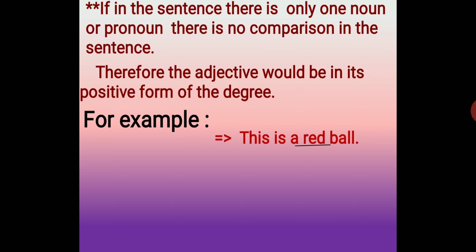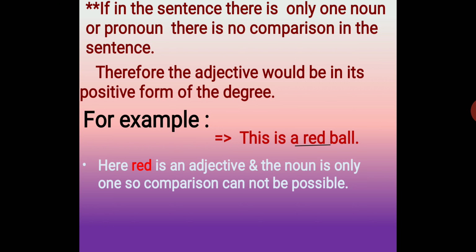And red is an adjective, right? Here, red is an adjective and the noun is only one, because it is a red ball. As I said in the previous lesson also, a represents only one noun, right? A ball, a red ball means one, and ball is written in its singular form. So you will get an idea that the ball is only one.